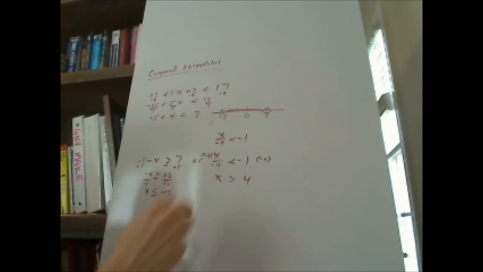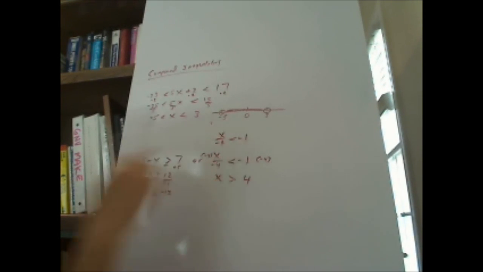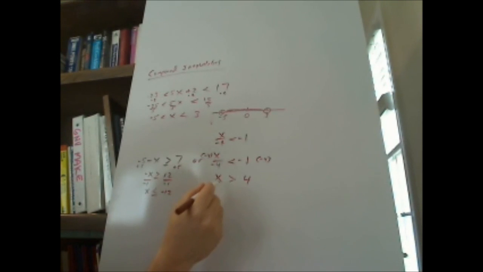Yes. Therefore, this is a proper solution. If we had it the other way around, that x is less than 4, we could choose 0. 0 over minus 4 is still 0. Is 0 less than minus 1? No. It's not a solution. So this is definitely a solution there.